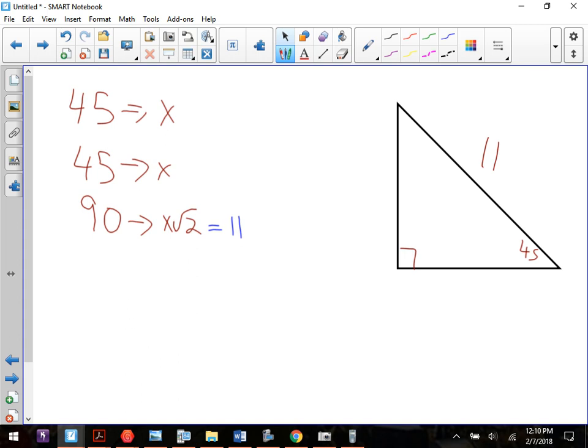So how do you undo multiplying? Divide. So I divide both sides by the square root of 2. The multi-view calculator gives you an answer in simplified radical form that happens to be, what is it? It's different, isn't it? It's 11 root 2 over 2.